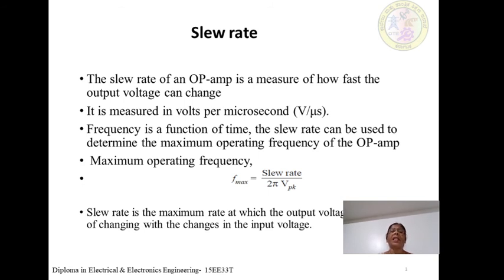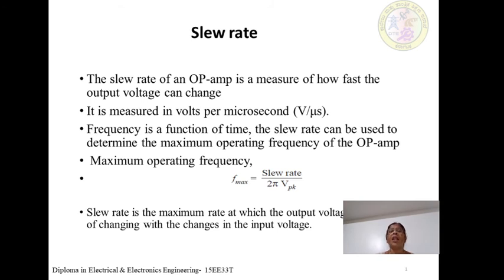So the next definition in this section is slew rate. What is meant by slew rate? It is a measure of how fast the output voltage can change. See, input voltage is given between two terminals, that is V1 and V2. So what would be the value of output when these input signals are given?